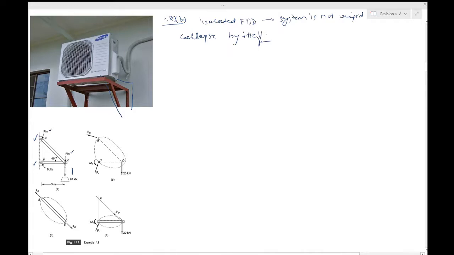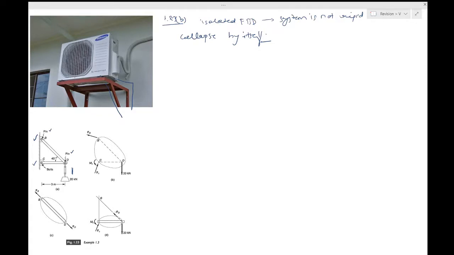You are most welcome to actually see whether it collapses. Just take 2 pins, make a horizontal CD, make a horizontal BD, and then just leave it. If we don't apply any force, the system will collapse due to its own weight and the way you have joined them.